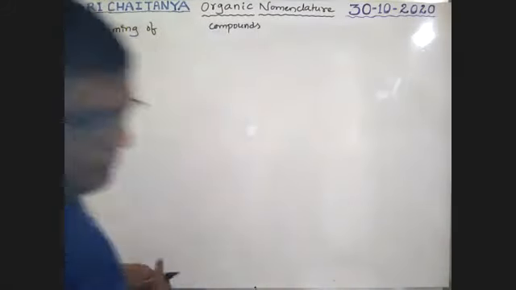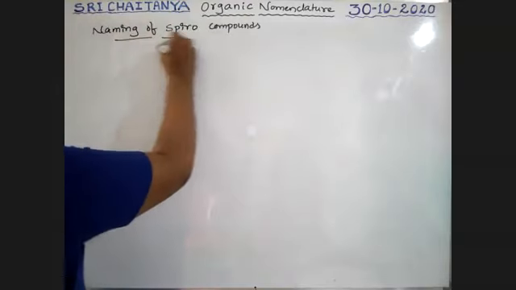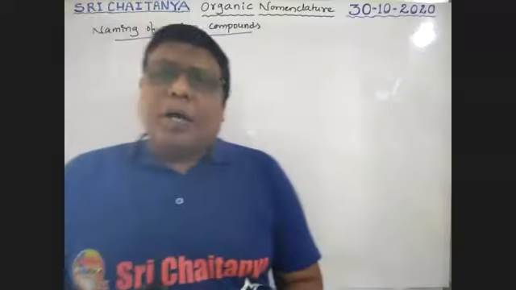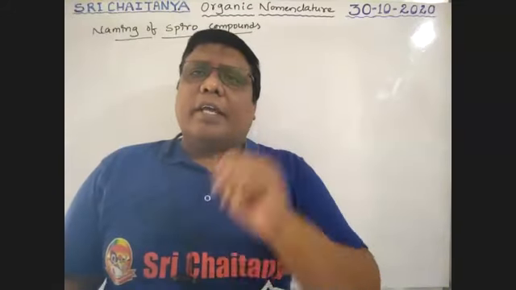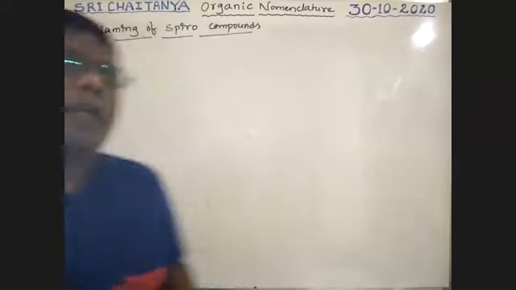Nomenclature of spiro compounds. Boys, in bicyclo, 2 carbons are in common between the rings. Here only 1 carbon is common.